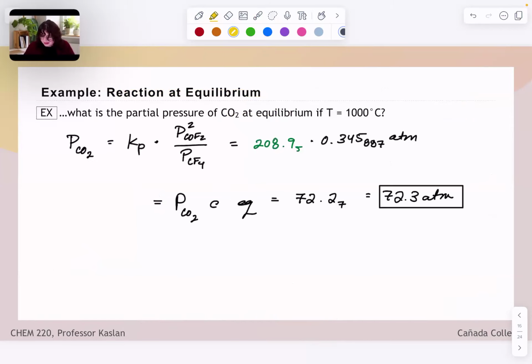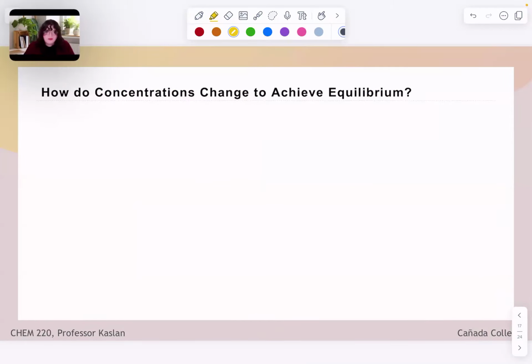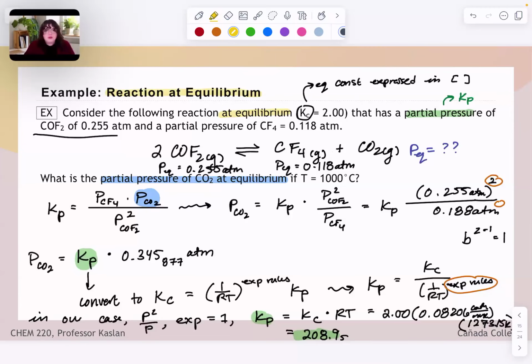So on our next slide, we're going to talk about what if we don't know how our quantities exist at equilibrium? What if we only know things about the initial states? How can we solve for what's going on at equilibrium? So in this example, our situation at equilibrium was known, and we're now moving into the stoichiometry where we have to calculate quantities of a system that is in equilibrium, but we don't know anything about those equilibrium quantities. So how do we get them? So that's what's coming up.